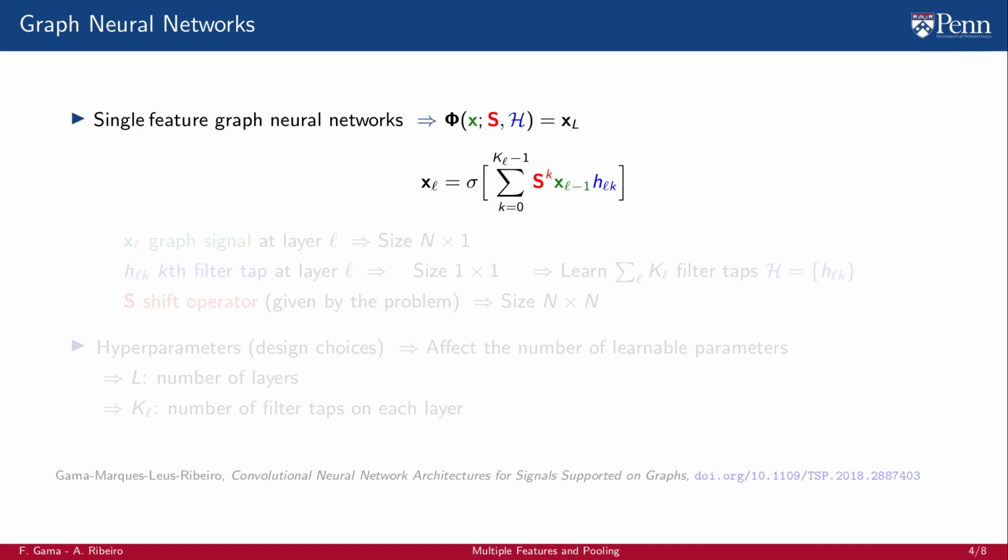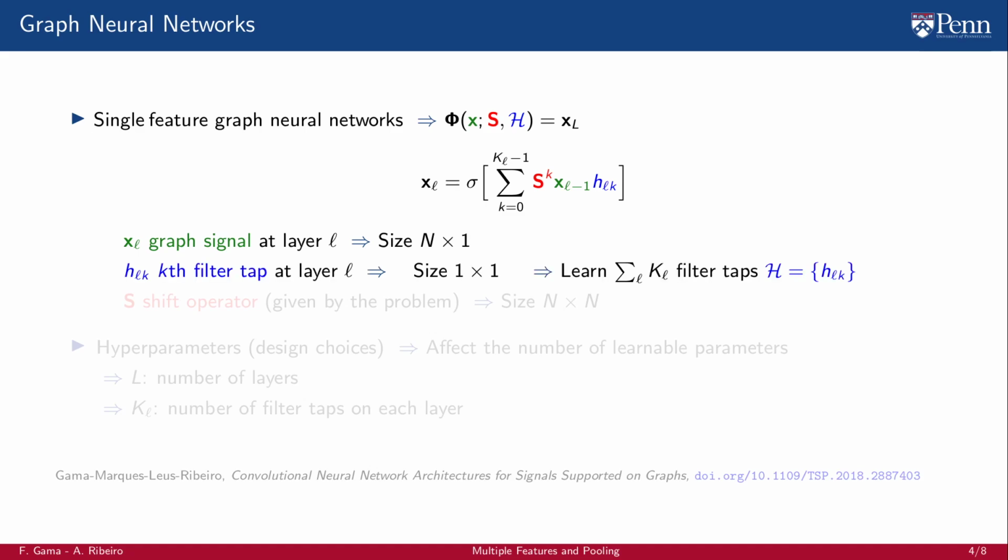We know that a single feature GNN is defined as a concatenation of layers, each of which applies a graph convolution followed by a pointwise nonlinearity. X_L becomes the graph signal at layer L, and since it is a single feature, it is a vector of size N. H_LK is the kth filter tap at layer L and is a scalar. The collection calligraphic H of filter taps defines the parameters to learn.